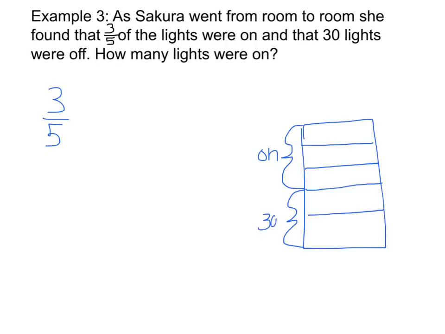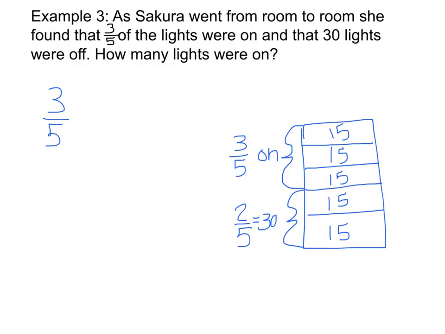This is the 30 lights she found. So therefore, if this is 3/5, then 30 is equal to 2/5. Now, if we know that 2/5 is equal to 30, then each box has 15 in it, because 15 plus 15 equals 30. That means these 3 boxes up here also have 15 in each box.